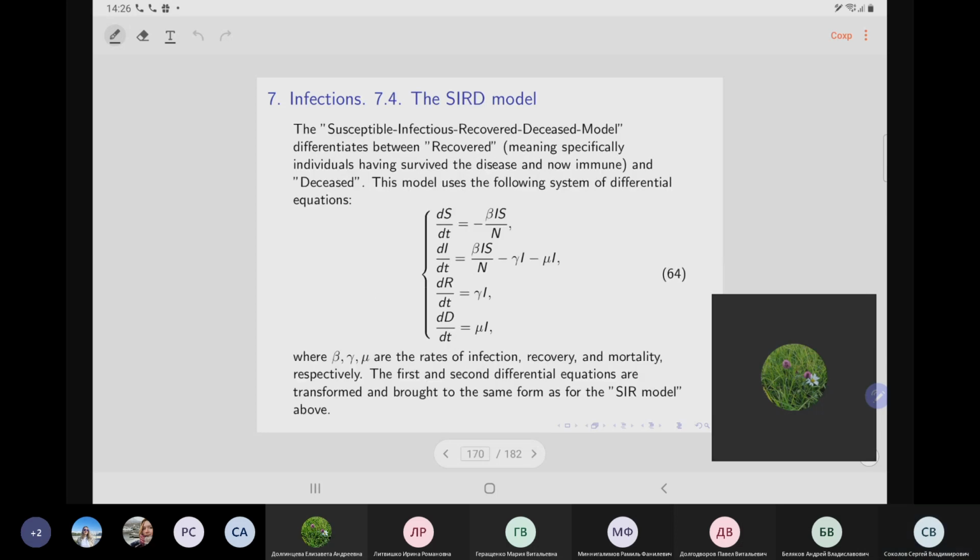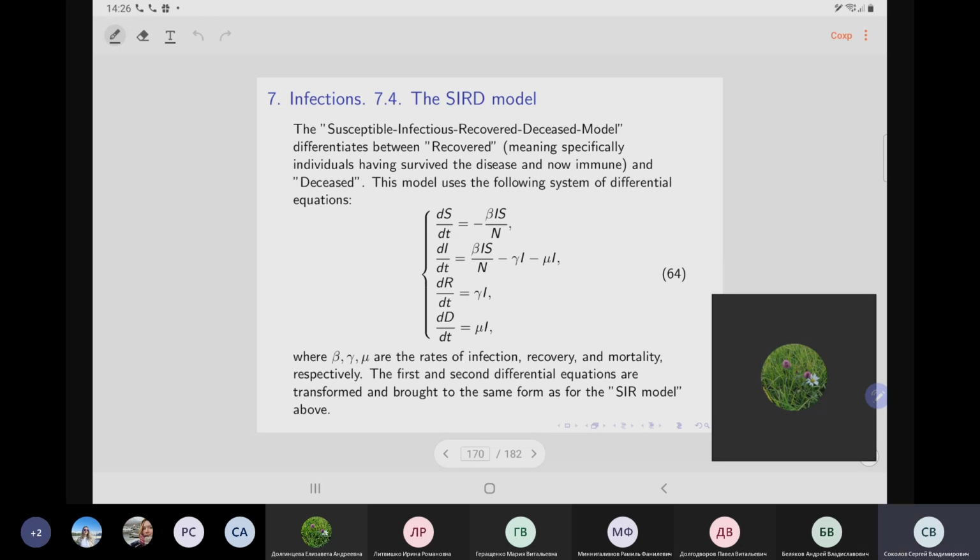Next, there is another model with some death rate.